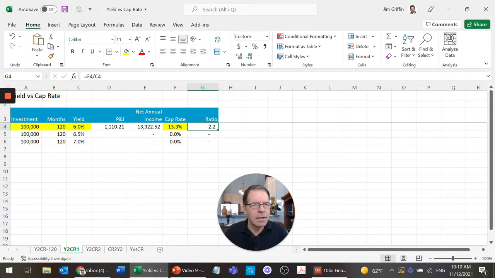So beware if you're comparing a cap rate to a yield, that they're completely different things, and that the number that you see on the page for the cap rate can be a lot higher for exactly the same revenue coming in each month.